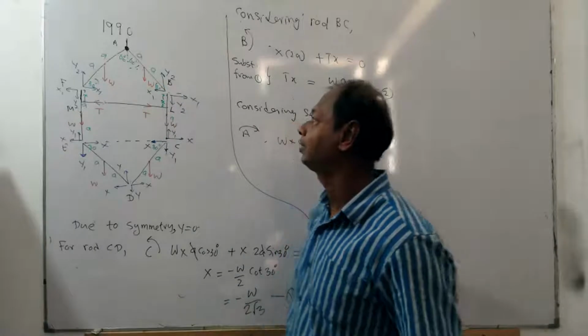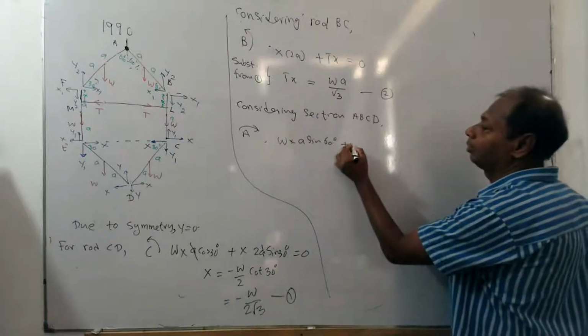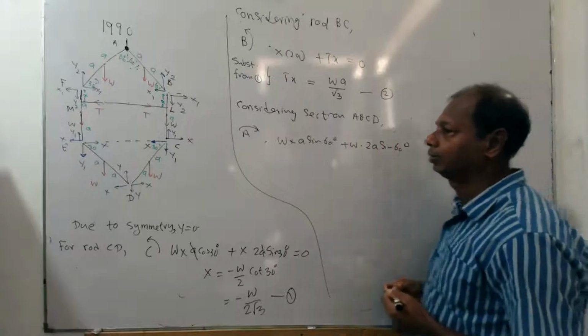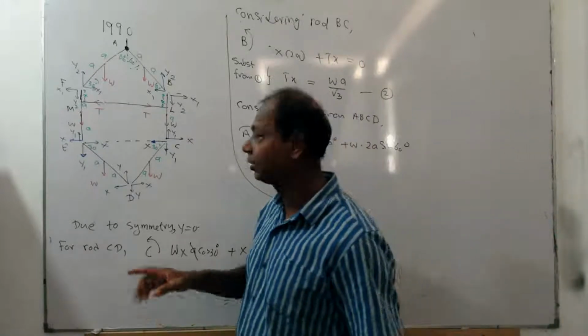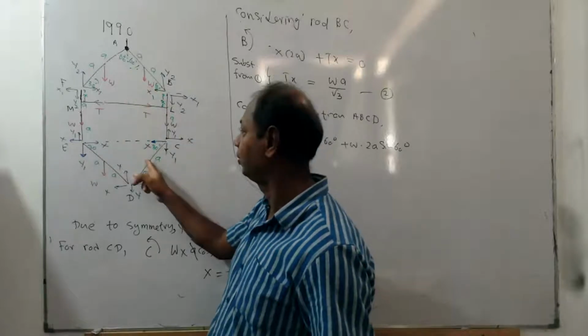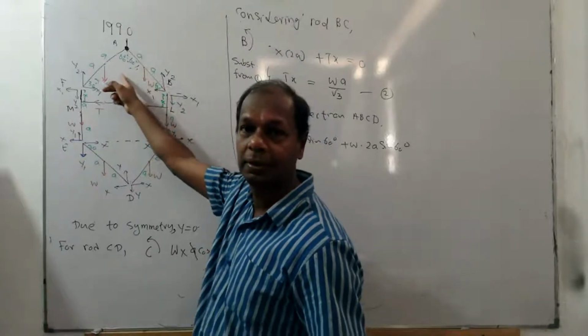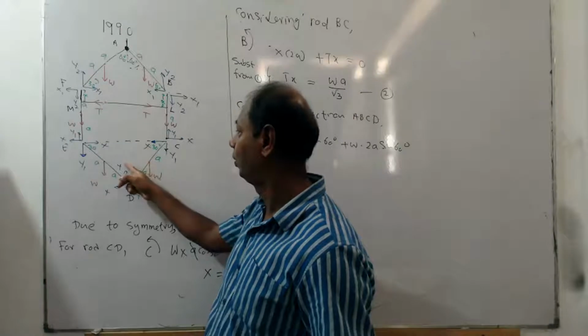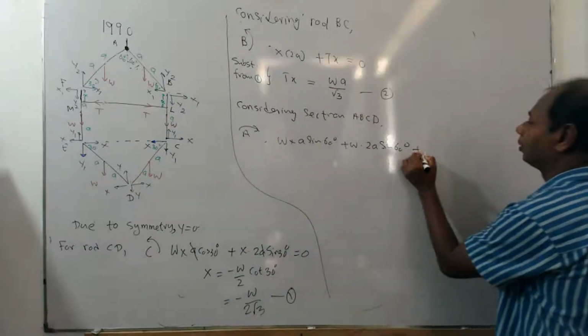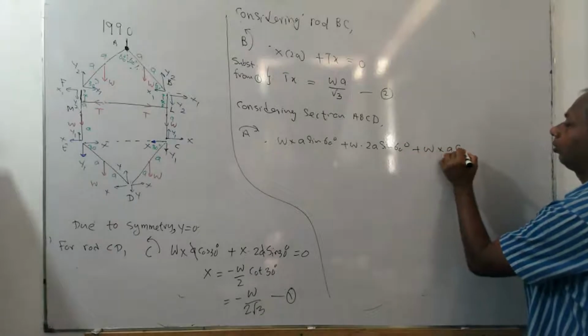Plus W into 2A sine 60. No problem, you can write cos 30 for that. This one, the same distance as this: W into A cos 60 plus W into A cos 60.